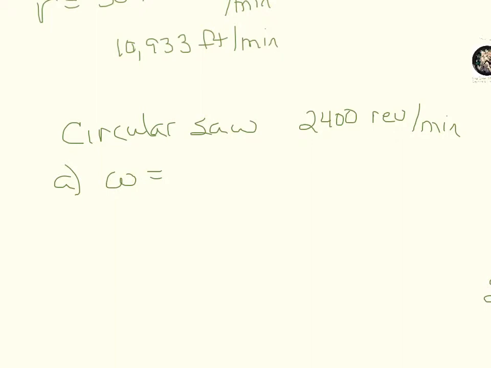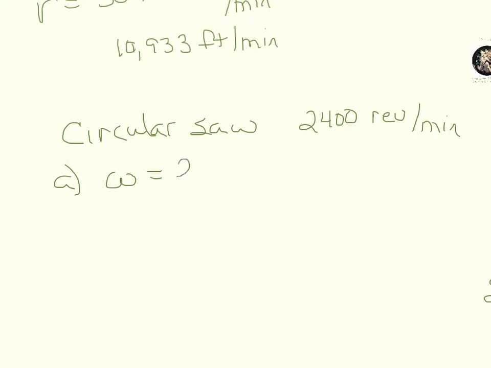Very good. How do we find angular speed, Robert? It's omega equals the central angle over time. So what's our central angle going to be? For this circular saw that moves at 2,400 RPM, one revolution is what angle? 2 pi.